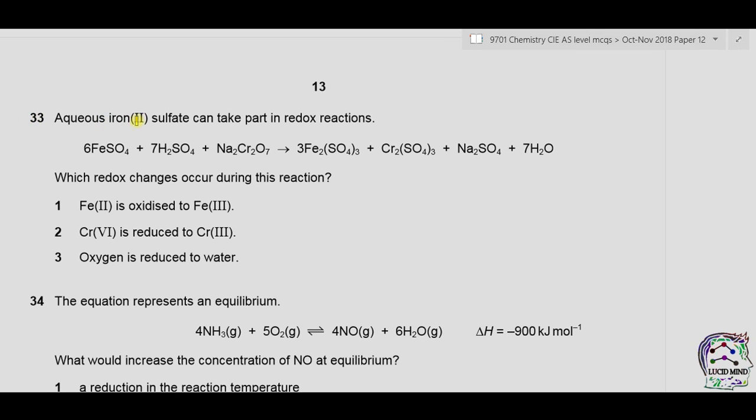Question 33. Aqueous iron(II) sulfate can take part in redox reactions. Which redox changes occur during this reaction? We have iron +2 and iron +3, chromium +6, chromium +3, oxygen and water. Let's find out the oxidation states. First one is iron sulfate. In the product we have iron sulfate.